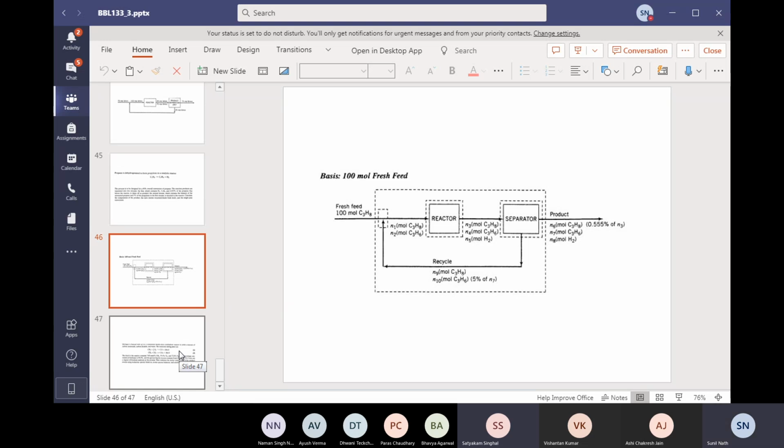That would be 0.05 of this 95. So 5% of 95 will be 4.75 moles. That is N10. So the recycle ratio would be 895 plus 4.75, that is about 900 upon 100, so 9.